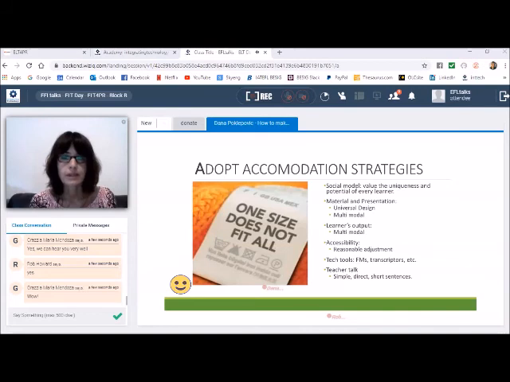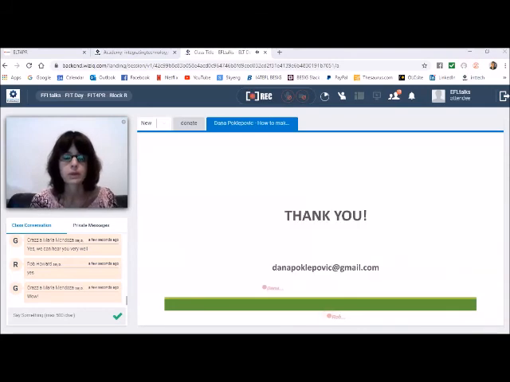And it's important that the teacher learns to use this type of tech tools. Then there is how the teacher talks in class: use simple, direct, short sentences, and do not make complex explanations. And the accessibility, of course, of the building has to be dealt with together with the school.